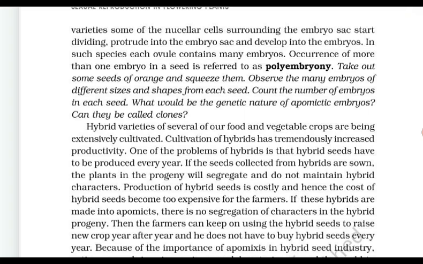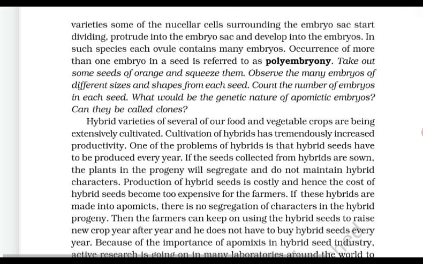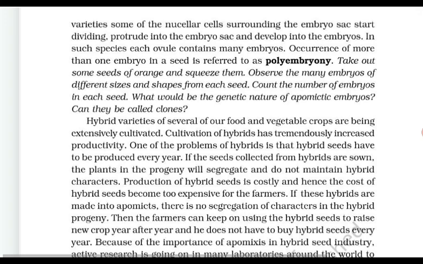Let's answer those questions. How many eggs are present in an embryo sac? An embryo sac contains one egg, also known as the female gamete. How many embryo sacs are present in an ovule? An ovule generally has one embryo sac. How many ovules are present in an ovary?